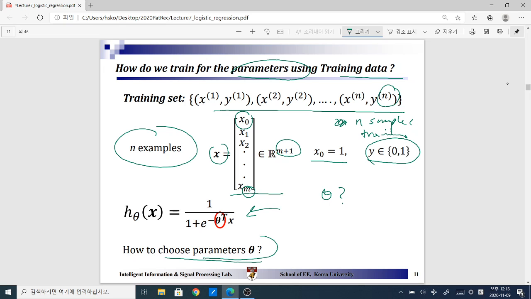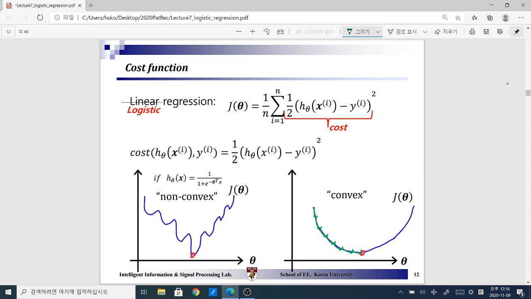How do we obtain the parameter theta? So we train for the parameters using the training data by means of the gradient descent algorithm, which we have done for performing linear regression.